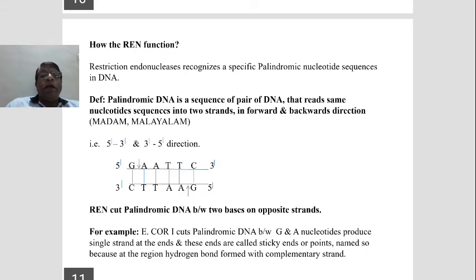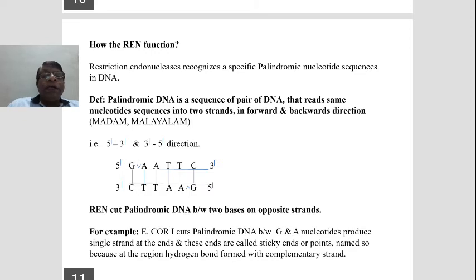Okay. Restriction endonucleases cut the palindromic DNA between two bases on opposite strands. See, there is an arrow mark in the upper strand and in the lower strand. Now we shall see this example. Say, take for example, the enzyme EcoRI first cuts the palindromic DNA between G and A nucleotides.